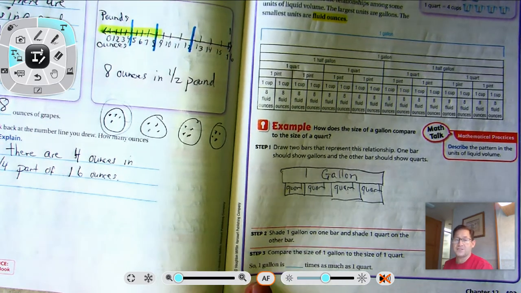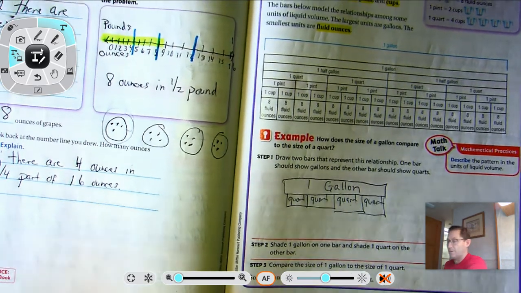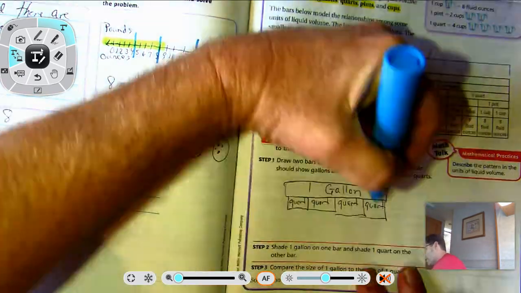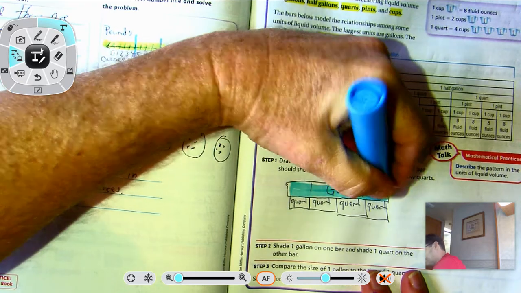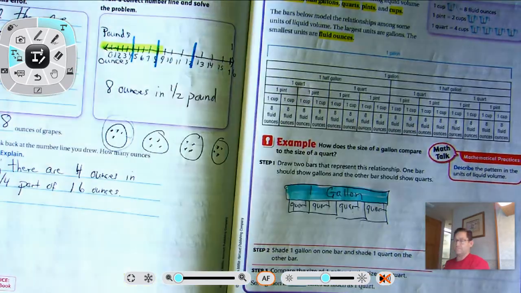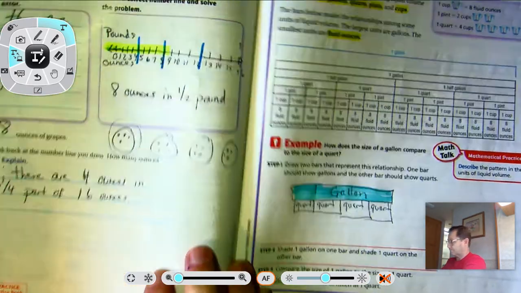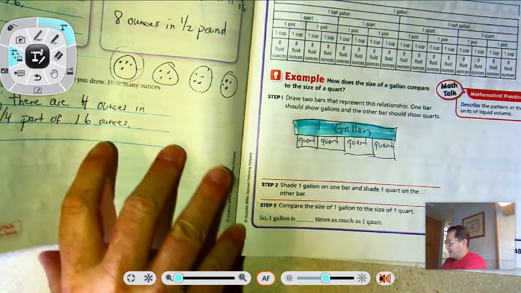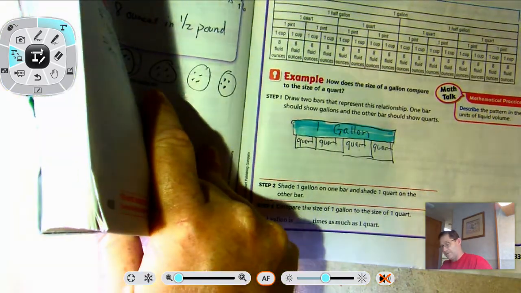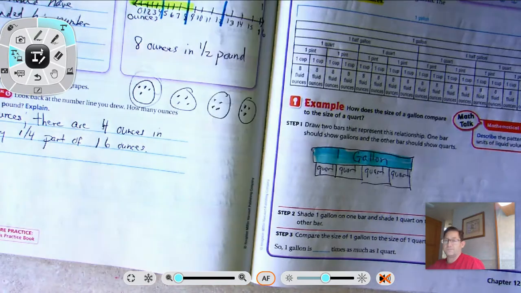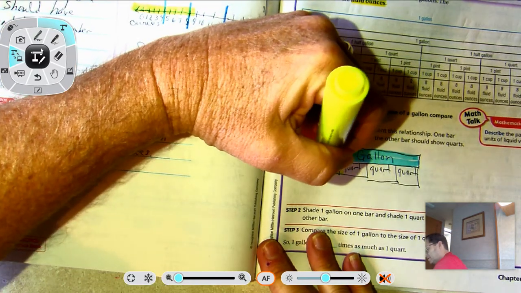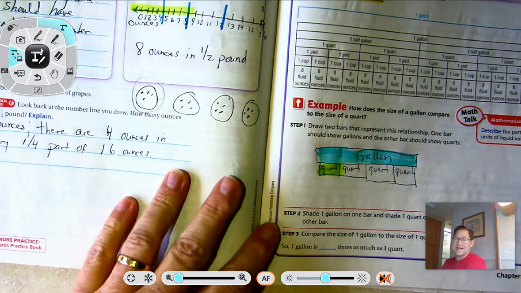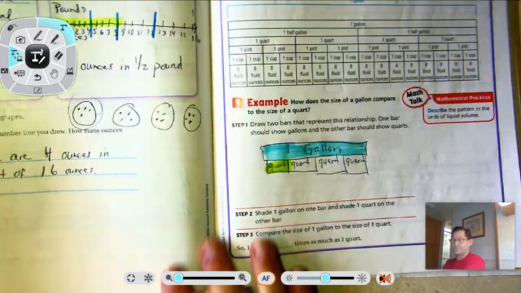All right, now shade 1 gallon on 1 bar. And shade 1 quart on the other bar. So they want us to compare the sizes of these 2 things.